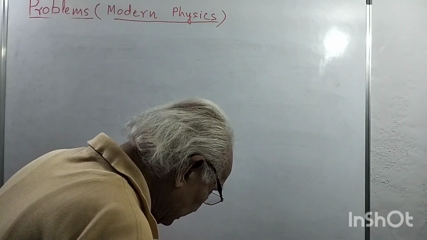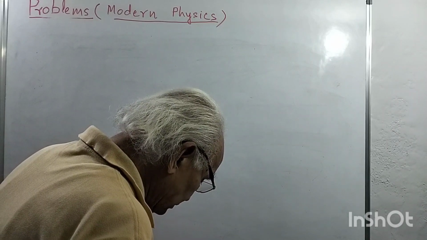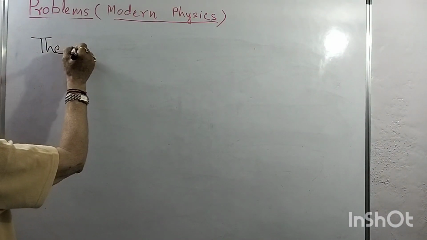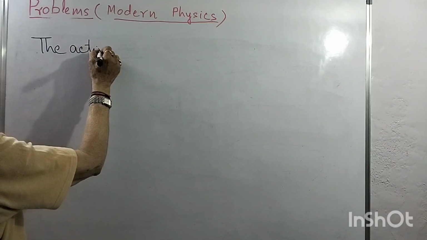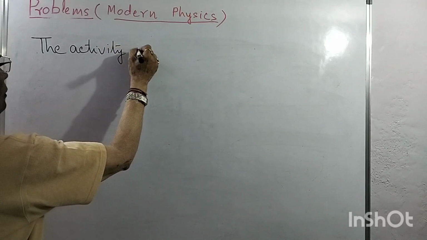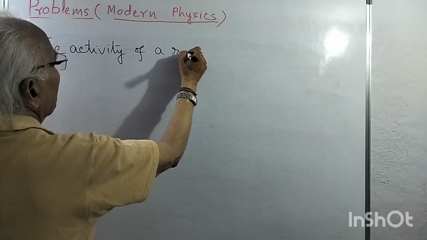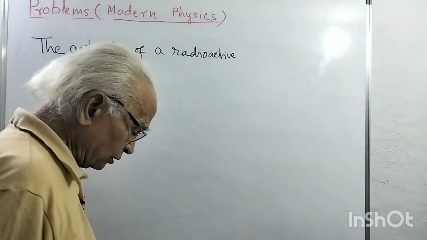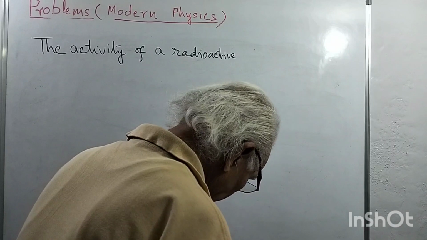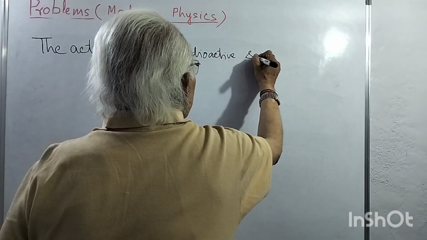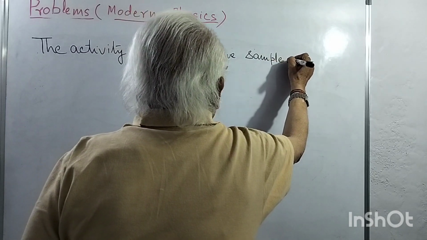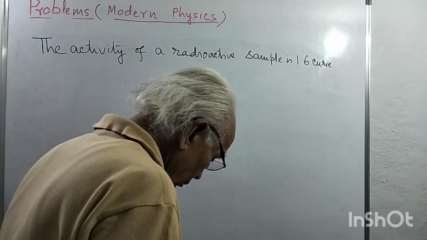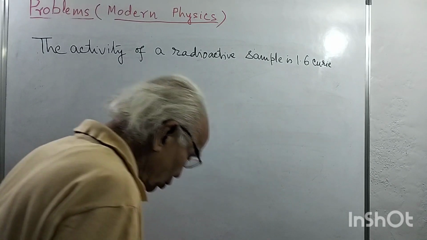The activity of a radioactive sample is 1.6 curie. Half-life is 2.5 days.